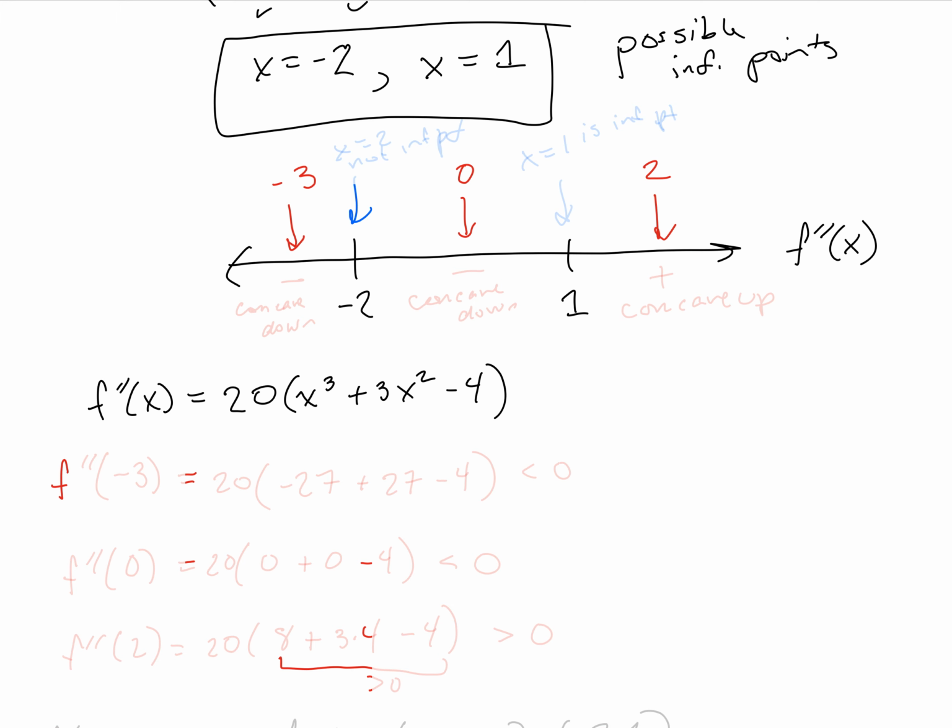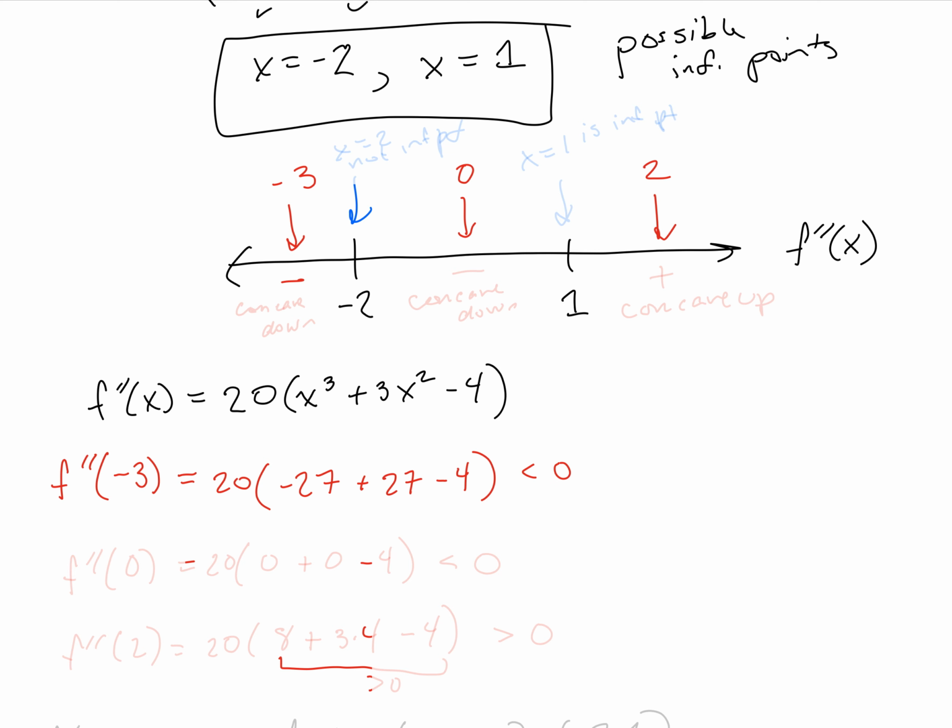And so we're plugging these into the second derivative. f double prime of negative 3 gives us 20 times negative 3 cubed is negative 27, plus 3 times 9 is positive 27, minus 4. And so we get 20 times negative 4, that's less than 0.